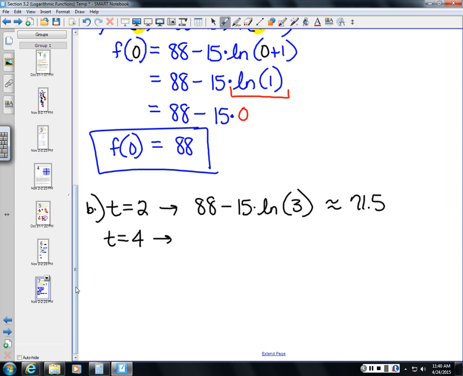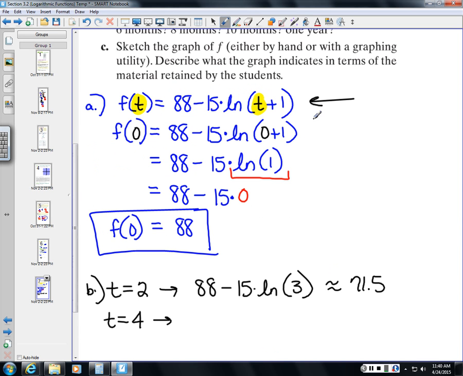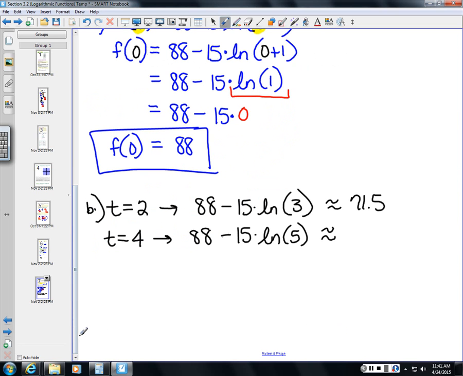At time equals 4, I'm just plugging right back into my original function, 88 minus 15 times natural log of 4 plus 1, which is 5. For your calculator work, follow the order of operations.